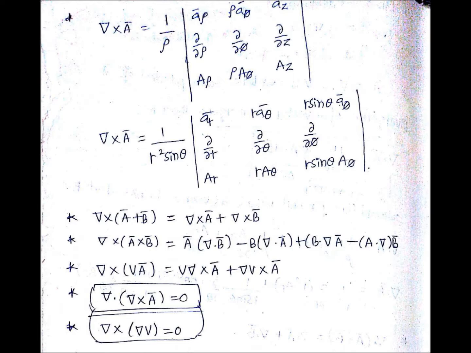Similarly curl of gradient of v is 0. So you just observe those terms, means divergence of curl of a vector is 0, similarly curl of gradient of a scalar is also 0, right?